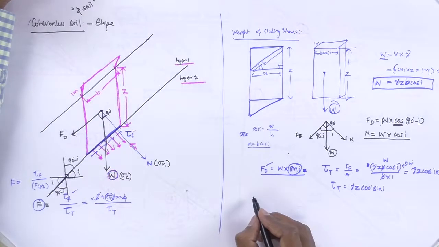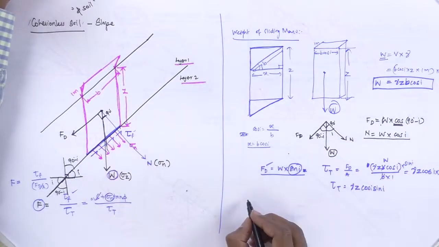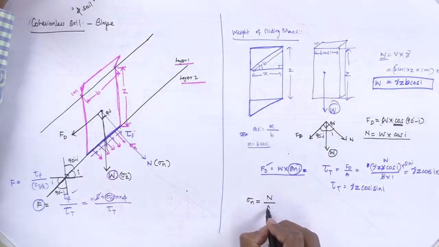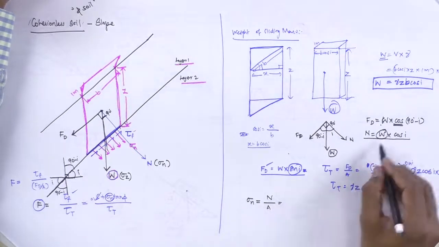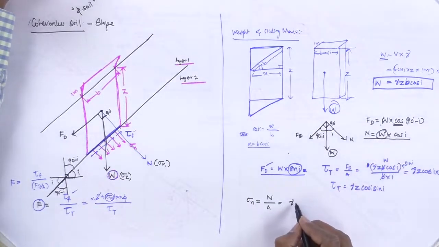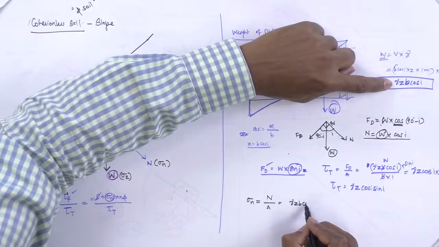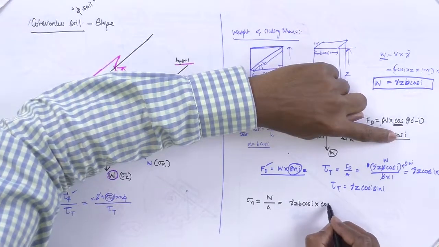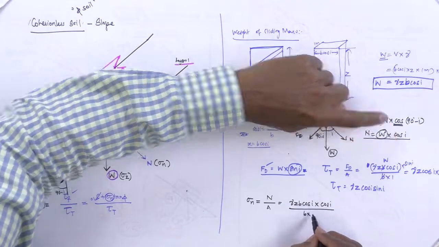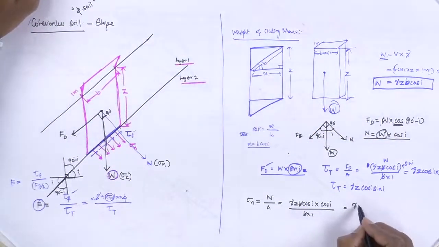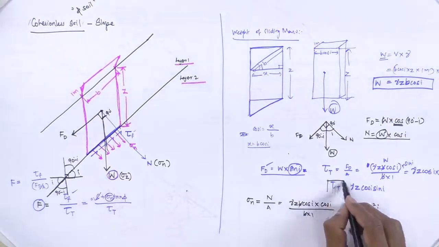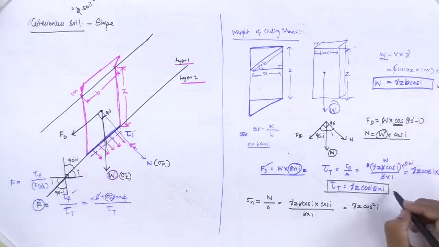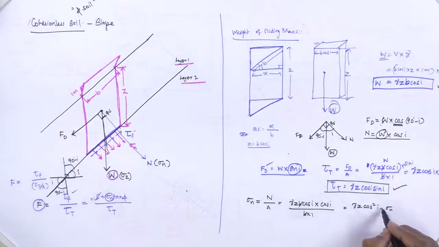For the same contact area, the sigma n value is nothing but N by A. Here also W into cos I, where W is gamma z B cos I, into cos I, divided by B into 1. So B gets cancelled, and it is gamma z cos square I. So these things are very major, sigma n.